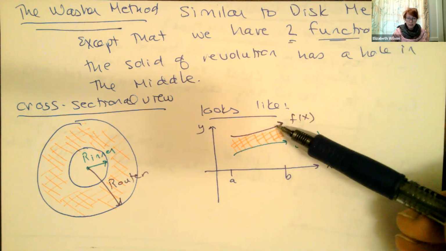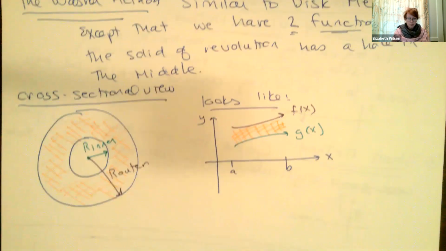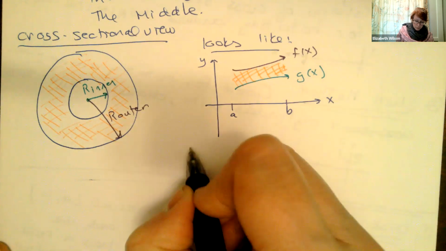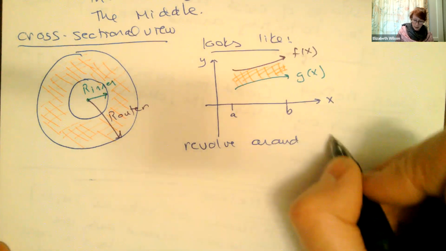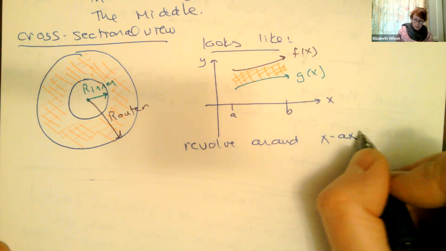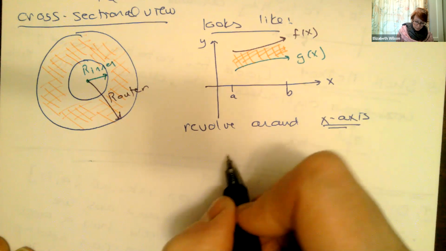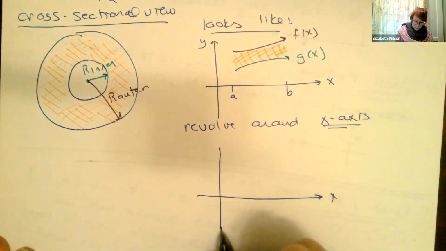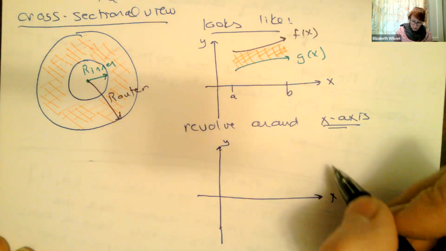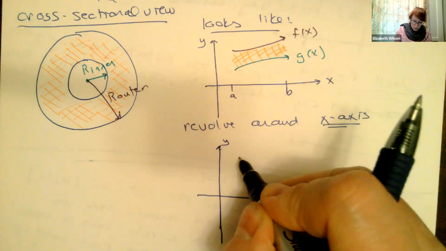Now imagine if I take this and I revolve this around my axis. So if I revolve around, say, the x-axis, this is like a horizontal axis. So if I revolve around the x-axis, what does it look like? Right, because we want to go this way. So let me draw, give my shape.